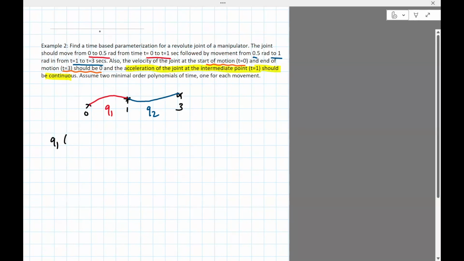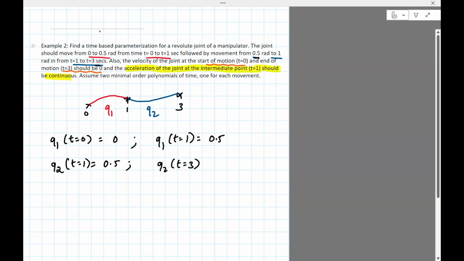So Q1 at time t equals 0 is 0. Q1 at time t equals 1 is 0.5. Then we have Q2 at time t equals 1 is 0.5. And then Q2 at time t equals 3 is 1. That's all.